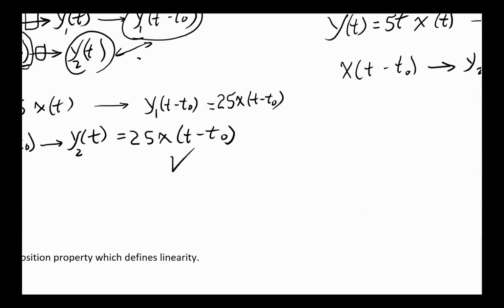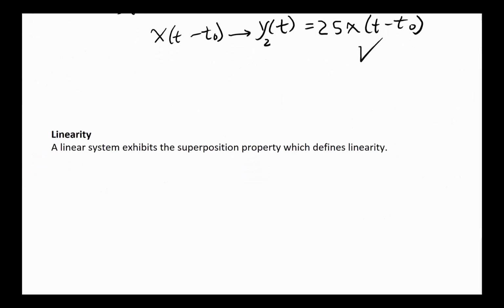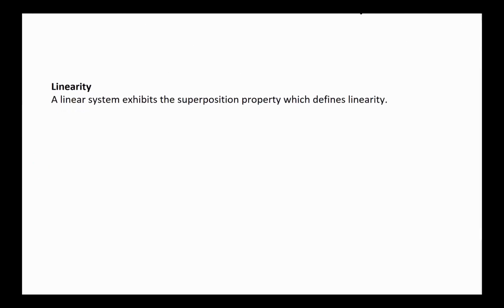Okay, so finally we get to the last one, which is called linearity. Linearity basically says that if a system is linear, then superposition works. In other words, if I put my x1 of t in the system, I get y1 of t.